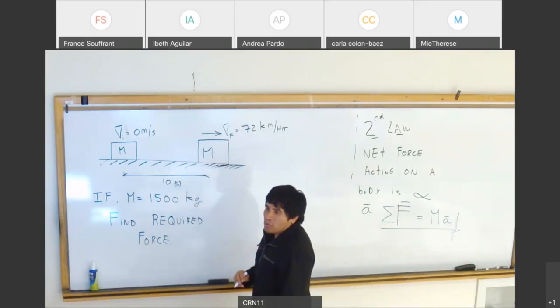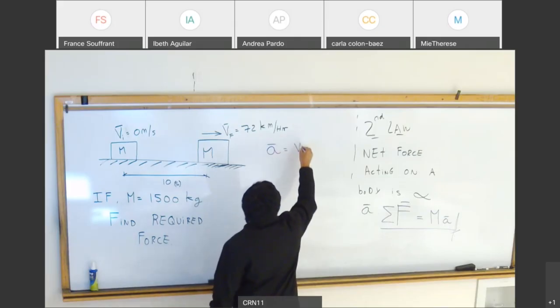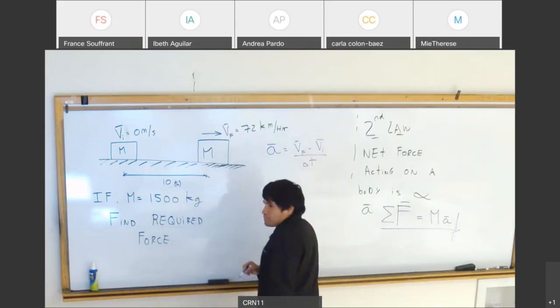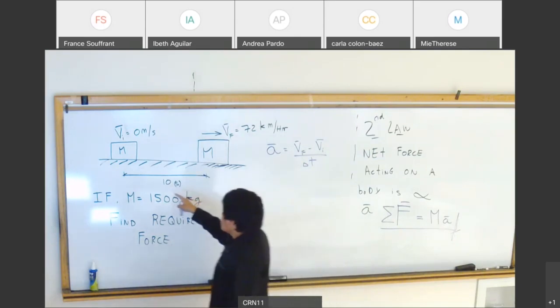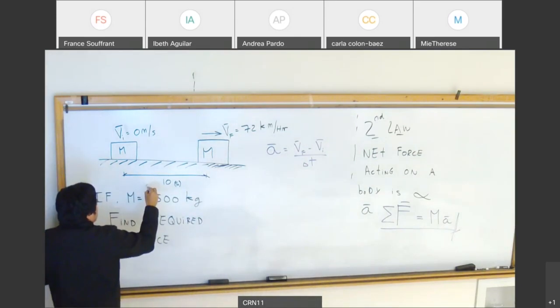And for that, we need chapter 2. Remember, the equation that you should have is acceleration is V final minus V initial over change in time. But you're given everything: 10 seconds. So this is the time, delta t, 10 seconds.